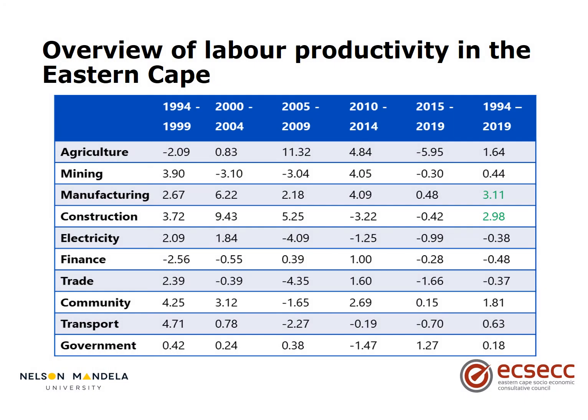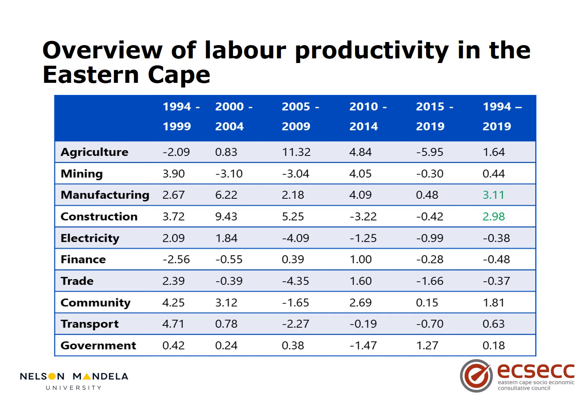Looking at labor productivity from an industry perspective, the best performing industries in terms of labor productivity growth since 1994 are manufacturing and construction, which are part of the secondary sector. If you look at agriculture, which is quite important for the Eastern Cape given its rural nature, it has had positive labor productivity growth since 1994. However, for the last 5 years or so, since 2015, labor productivity growth in agriculture has been close to negative 6%.